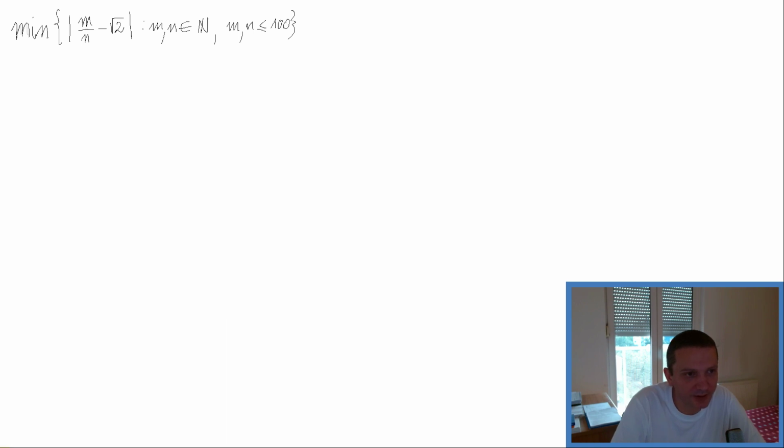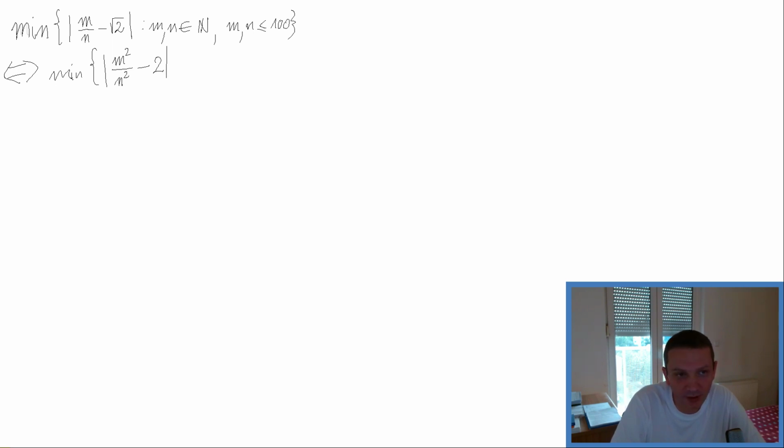But actually this is equivalent to finding the minimum of, if we square those numbers, m squared over n squared minus 2. So m over n will be very close to square root of 2 if the square of that fraction is as close as possible to the number 2.